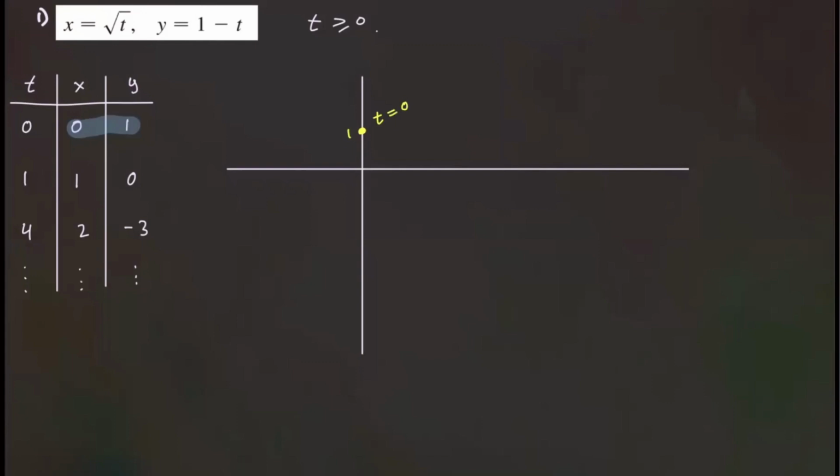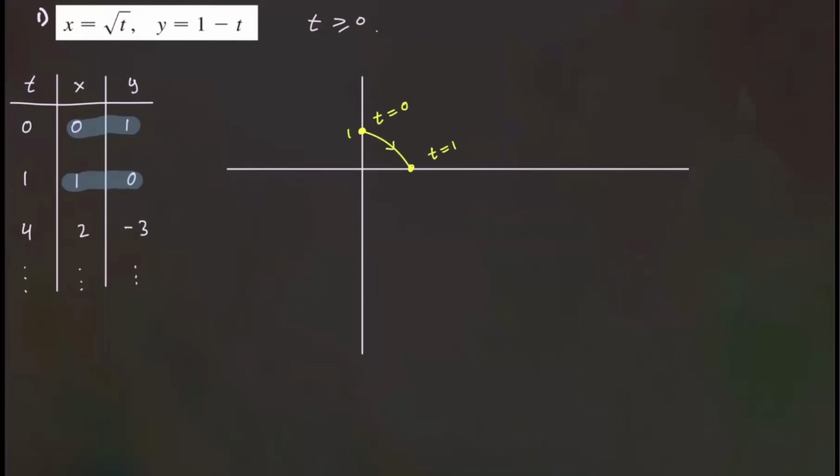And the next point is this one, (1, 0). So that's going to hit the x-axis. Let's suppose it's right here. Let me call this one (1, 0). This is the point when t is equal to 1. So you can see the direction of our particle. It's going this way.